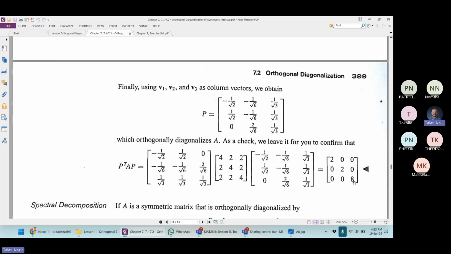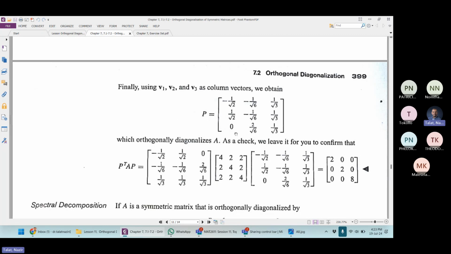So these are the eigenvalues of the matrix. Moreover, in the matrix P, if you multiply any column with another, their product is always 0, because all of its columns are orthogonal to each other. Not only orthogonal but orthonormal.